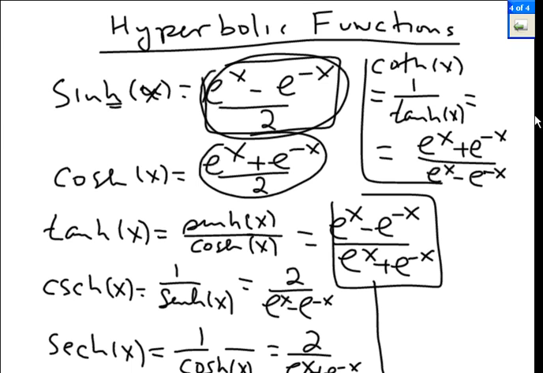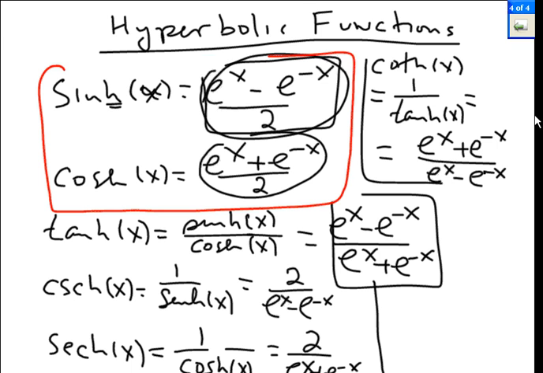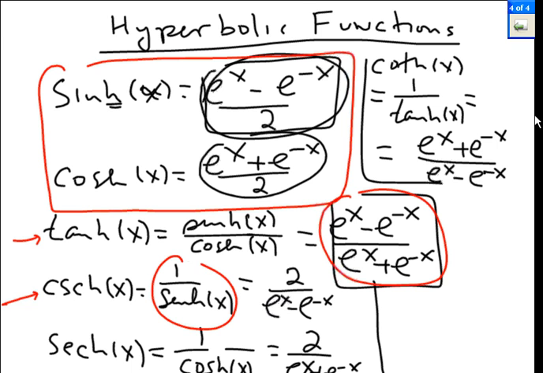Okay, now you can get away with just knowing these two and knowing that the hyperbolic tangent of x is the sinh of x over the cosh of x. And that the hyperbolic cosecant of x is just the reciprocal of sinh of x.